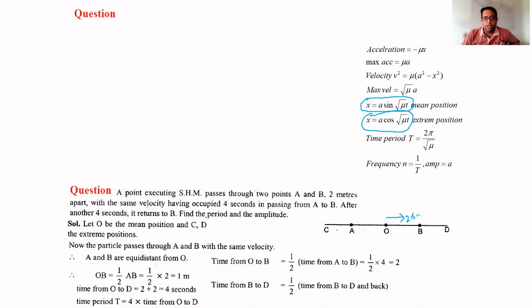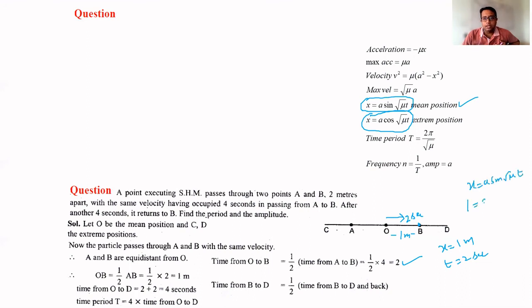Because from O to B we have the time of 2 seconds. Earlier we calculated that from O to B the time is 2 seconds and the distance from O to B is 1 meter. So that means x is 1 meter, t is 2 seconds. And using this formula from the mean position, x equals a sine root mu t.